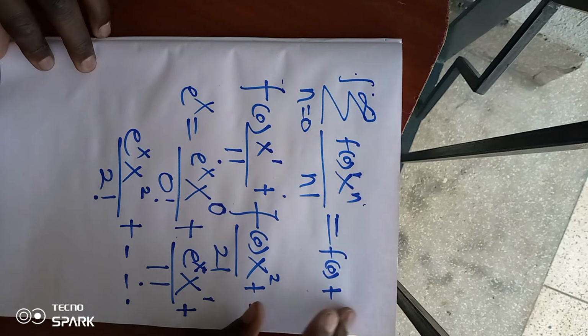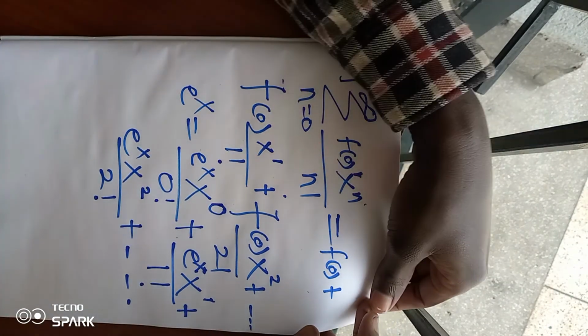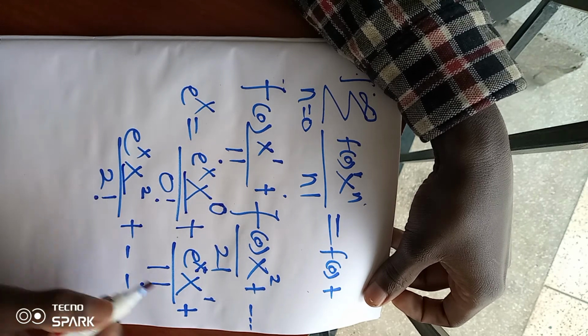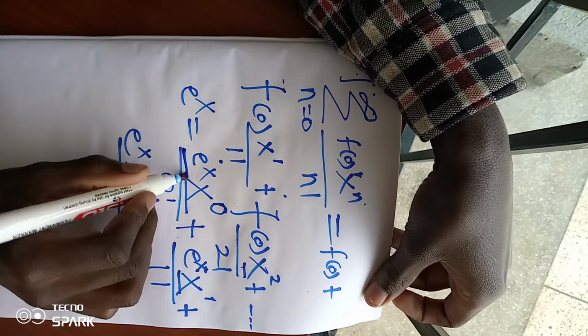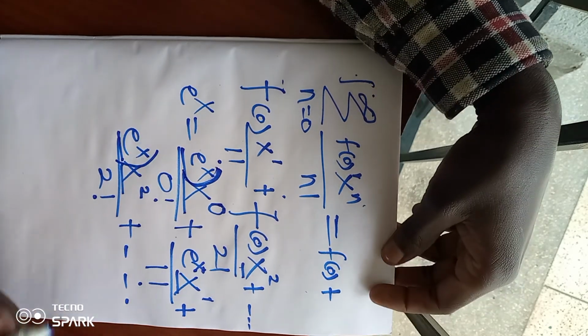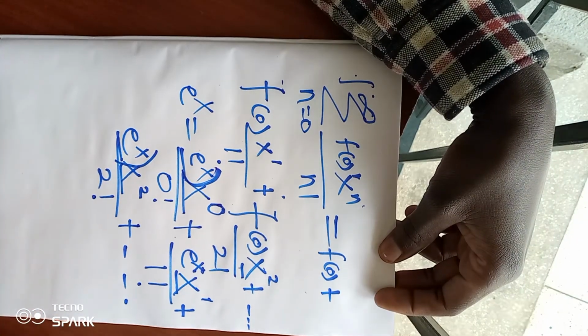You can see that x is common, e also is common, but this is the factor, so we may not include it in the overall formula.